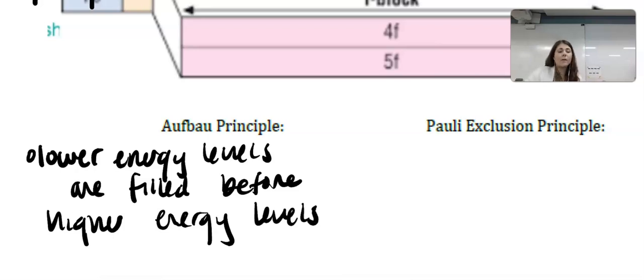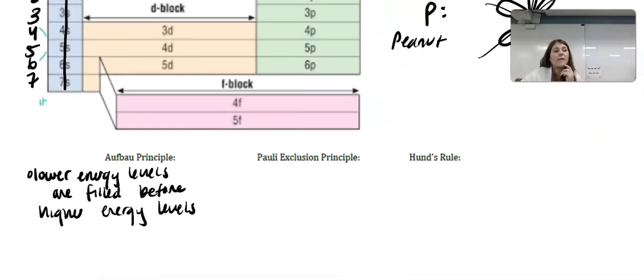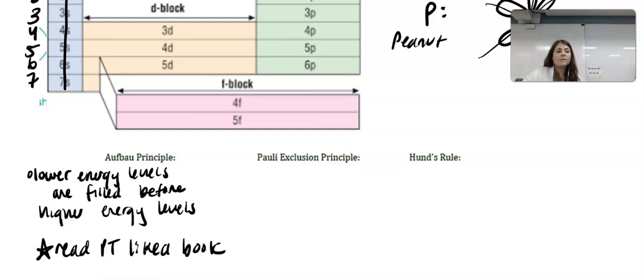So here, how I would like you to think about filling out an electron configuration is to read the periodic table like a book. We start in the top left-hand corner, read left to right, and go down through all of the rows until we get to the element that we're trying to make an electron configuration for.